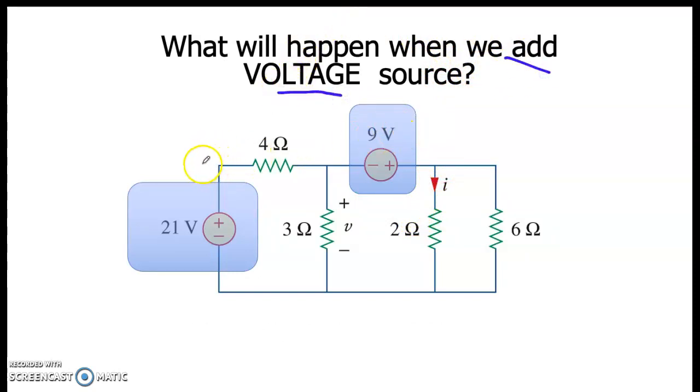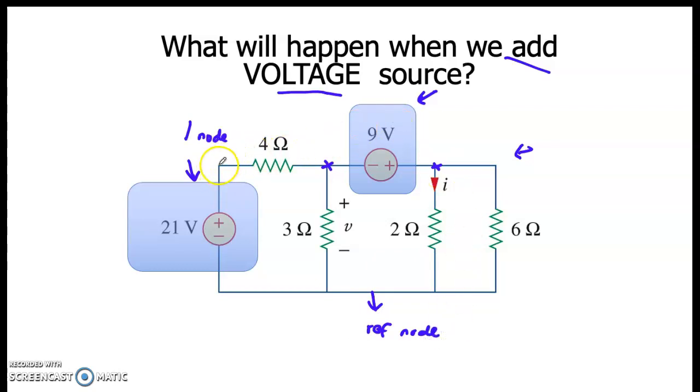So let's say we have 2 cases here where your voltage source is added at one node only, either the most left or the most right, or your voltage source exists between this node and this node. So as you know before, the below one is what we call the reference node.